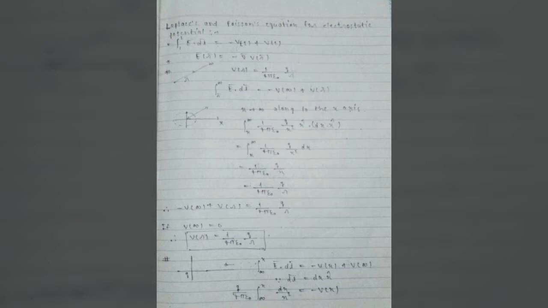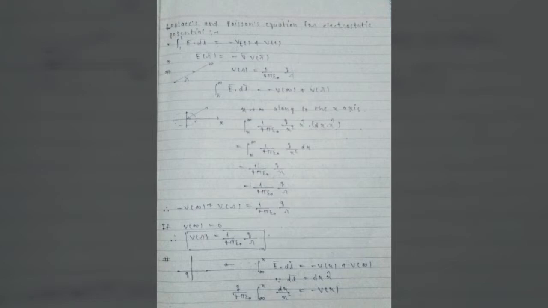E is 1 over 4 pi epsilon 0 q over x square, x unit vector, dot dx x unit vector, which is equal to the integral from x to infinity of 1 over 4 pi epsilon 0 q over x square dx, and this you see right away is 1 over 4 pi epsilon 0 q over x, which for a distance r I can write as q over r. That is by moving radially. I can always take this radius to be along the x axis.